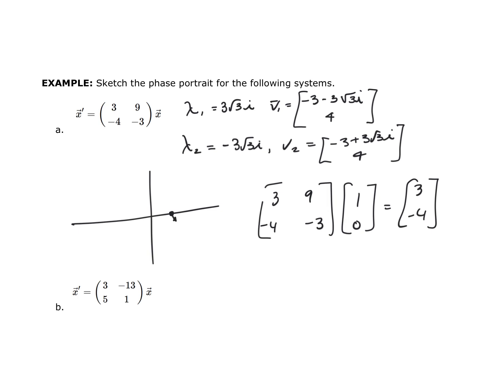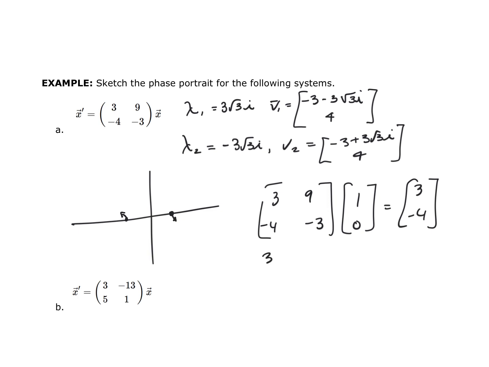That means at negative 1, 0, because these are going to be concentric ellipses, it is going to kind of have that shape. So I might do one other point. I might choose 0, 1 to see what happens.